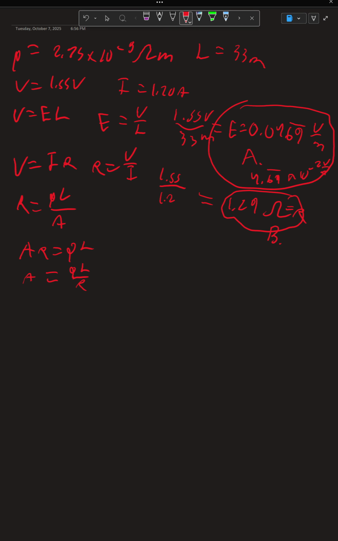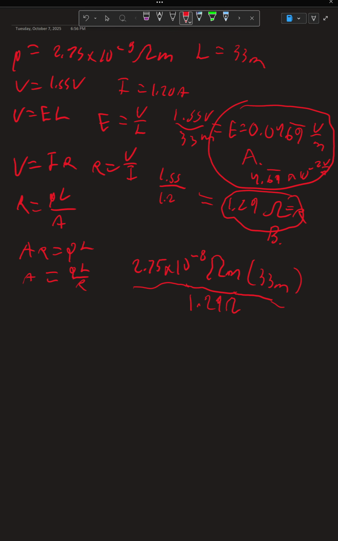The resistivity of the wire is 2.75 times 10 to the power of negative 8 ohm meters, times the length, which is 33 meters, over the resistance, which is 1.29 ohms.